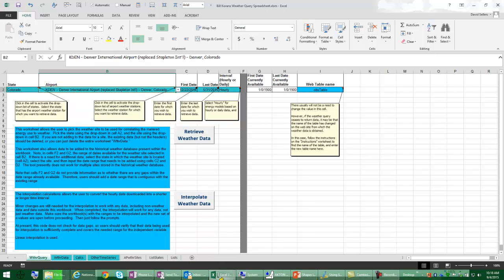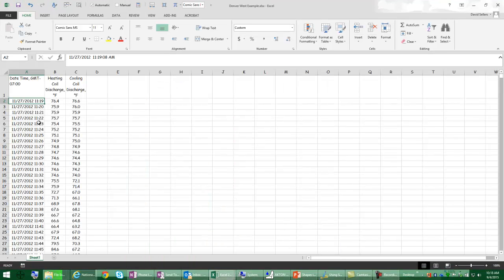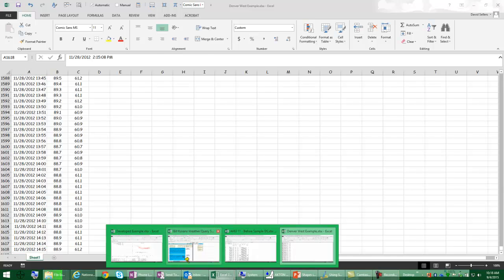And so now I go back, and the date range I'm interested in is basically November 27th, 2012 through November 28th, 2012. In other words, maybe I'll get the 26th through the 29th just to make sure I have the base covered.